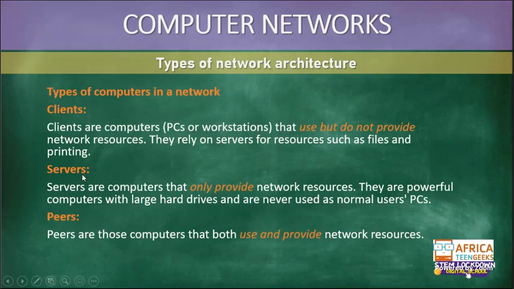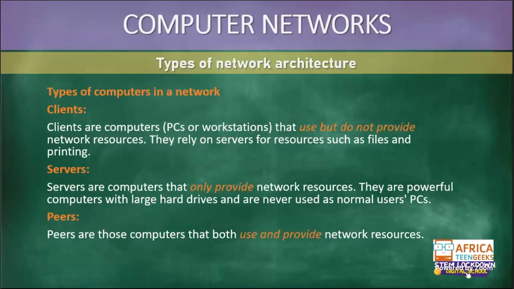And then number two, you have servers. These ones are there only to provide network resources. We can't say you buy a server to use for maybe graphics design. No, it's a waste of money. They are expensive, the hardware used is powerful, and it's meant only to provide services to other computers.